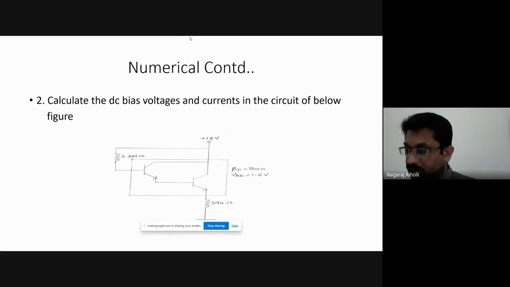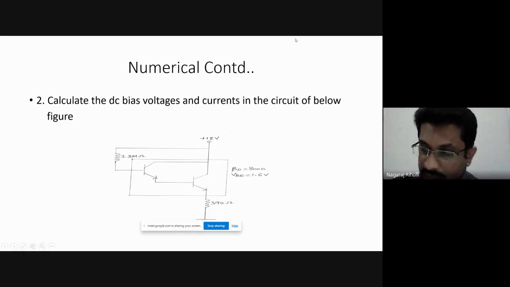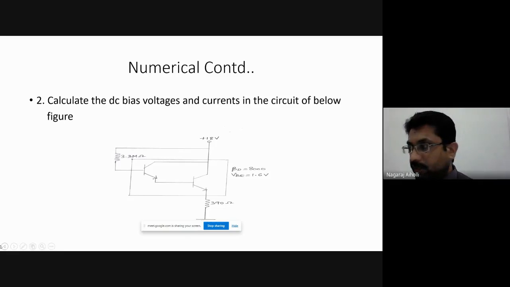How much are you all getting? Ankita, what is the answer you are getting?